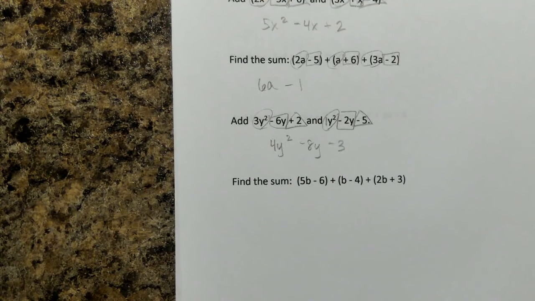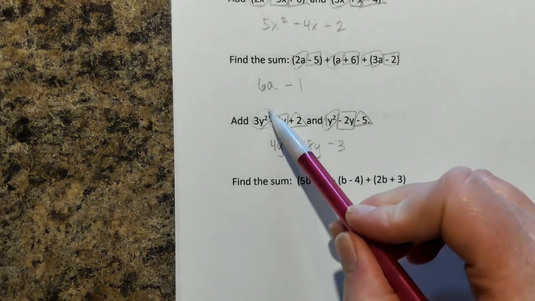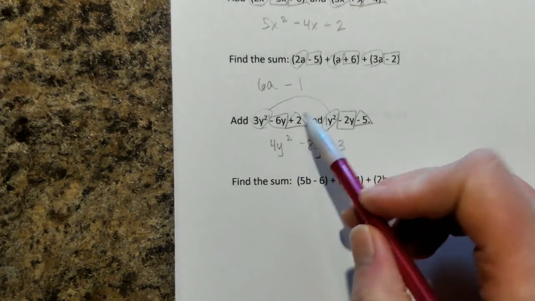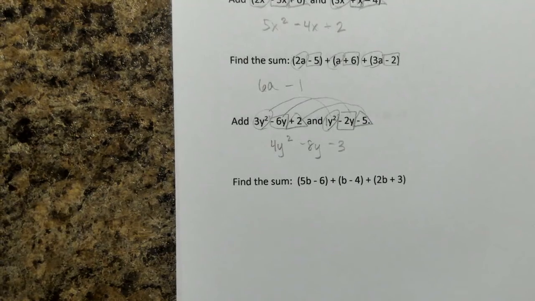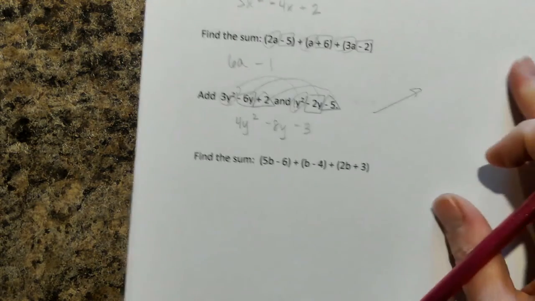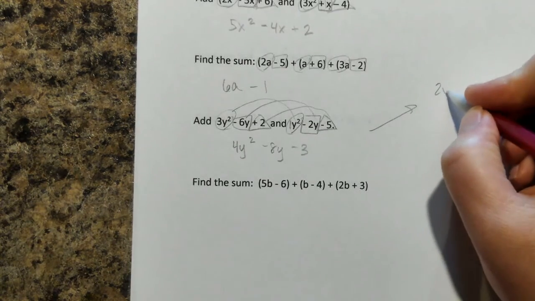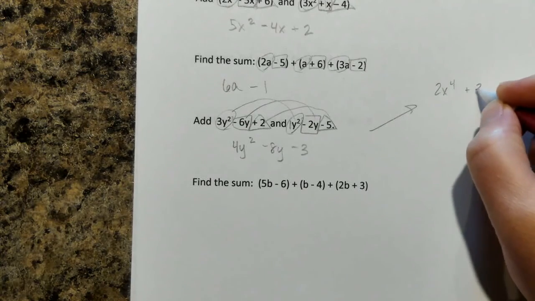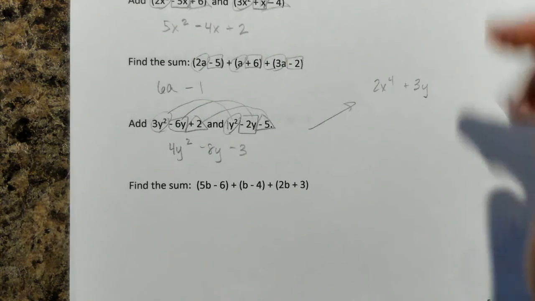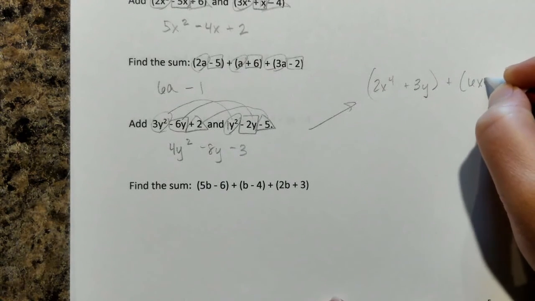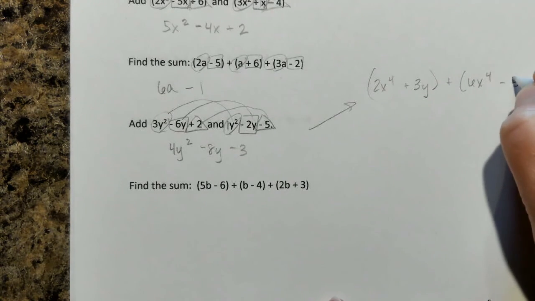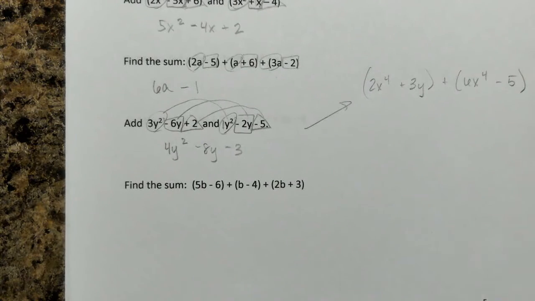So all of these we've done so far have partners, right? We have this 3y squared and 1y, this y term and this y term, and these constants. If they didn't have a partner, so just a little sidebar here, if I had this, say, I had these and they want me to add these.